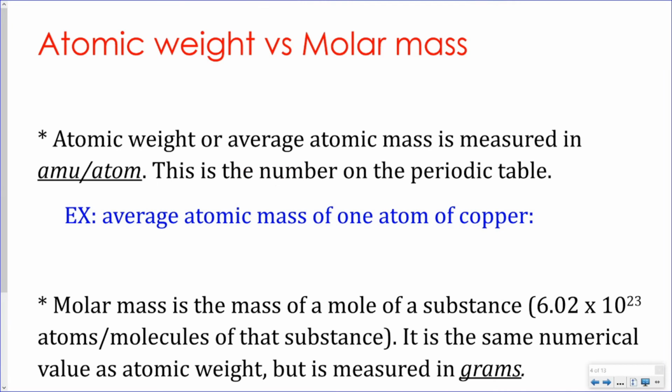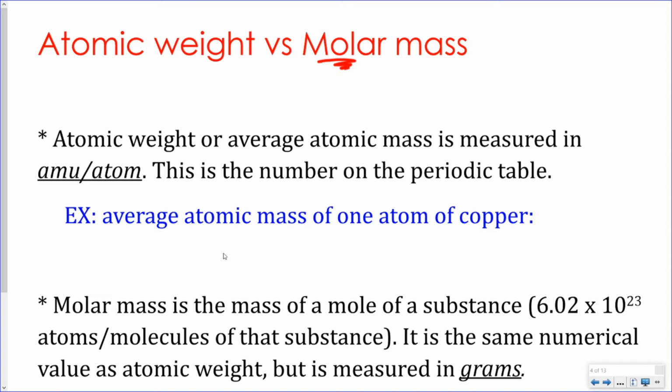So you can see here we're going to talk about molar mass, so we needed to know what a mole was first. So when we talk about atomic weight or average atomic mass, we measure it in AMU per atom. This is the number on the periodic table. So this is what you're used to doing. So if I asked you, what's the atomic mass of 1 atom of copper, then you would find copper on your periodic table.